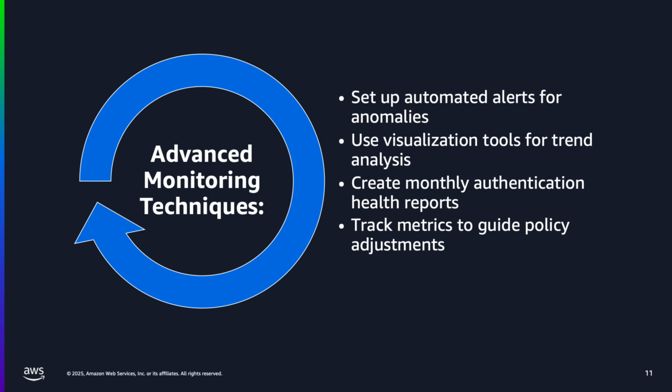Raw XML reports are difficult to interpret, but visualization tools can quickly show you trends and anomalies. Create a monthly authentication health report that includes overall authentication pass rates, breakdown by sending source, spoofing attempt statistics, and policy effectiveness metrics. This report becomes your decision-making tool for policy adjustments and security improvements.